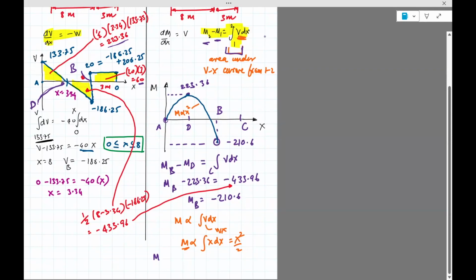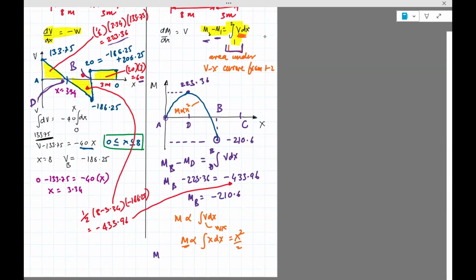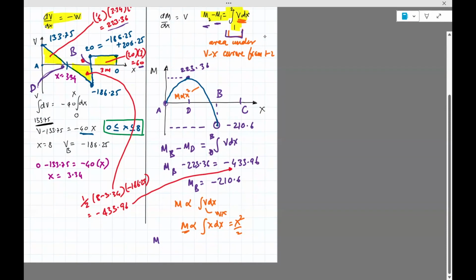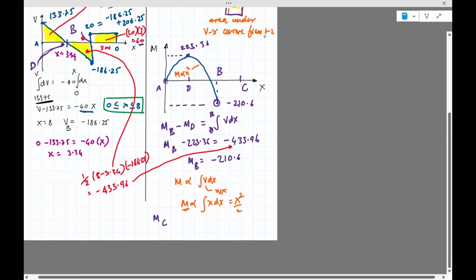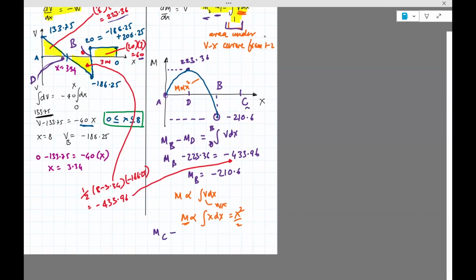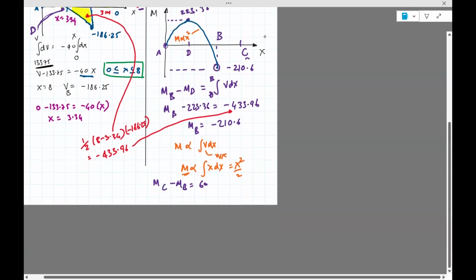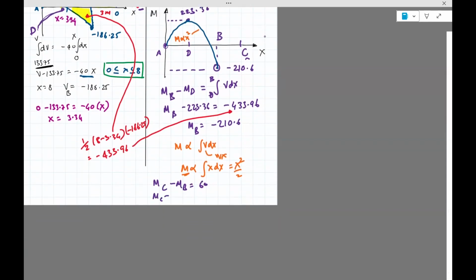So D to B. Now, finally, we need to go to C. And so for that, we look at the area under the curve. So we have MC, which is this point, minus MB, is the area under the curve, which is 60. But MB is minus 210.6, so equals 60. So you can solve for MC.